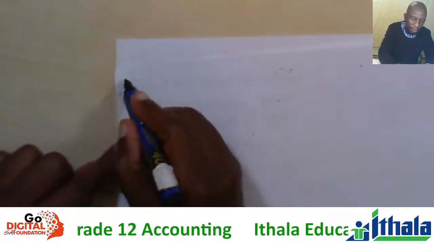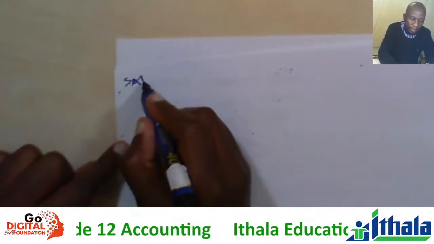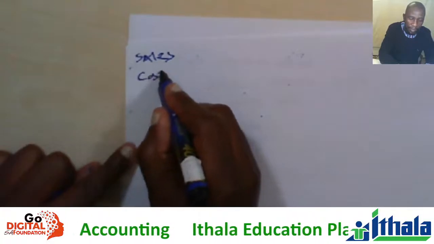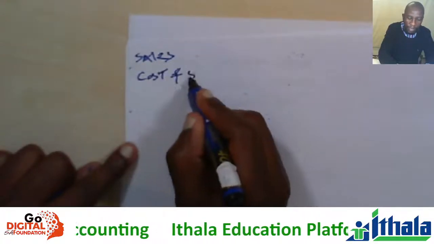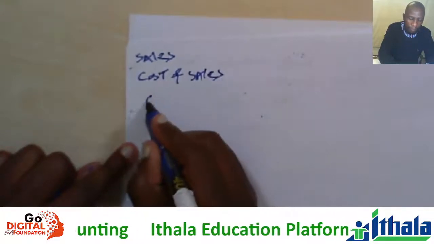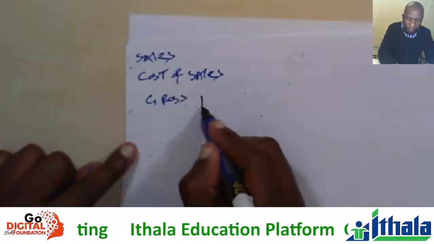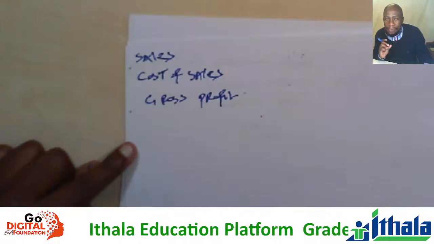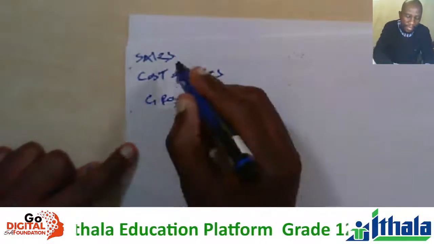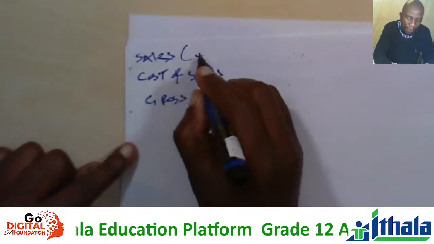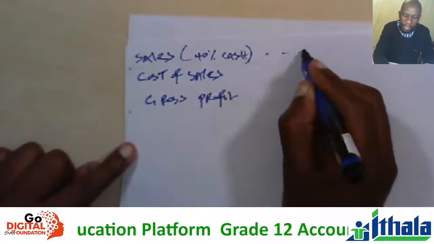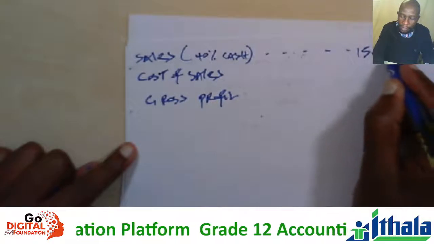They will say sales, cost of sales, gross profit. Maybe you'll be given a brief income statement, and then in brackets they will say 40% cash. And then they give you a figure maybe of 15,000.